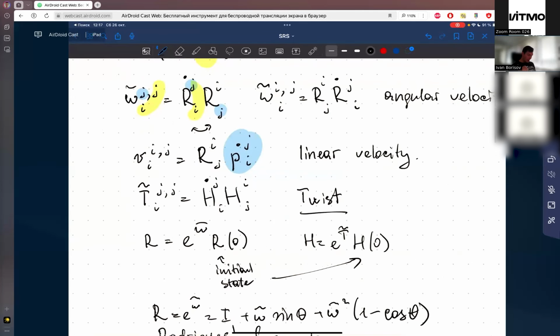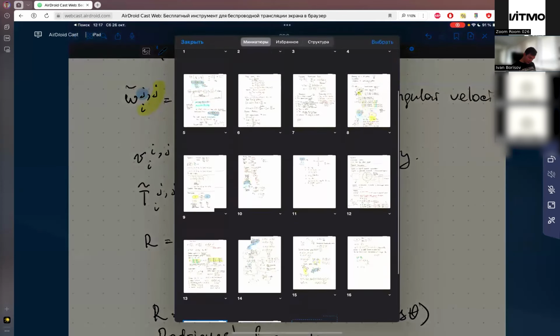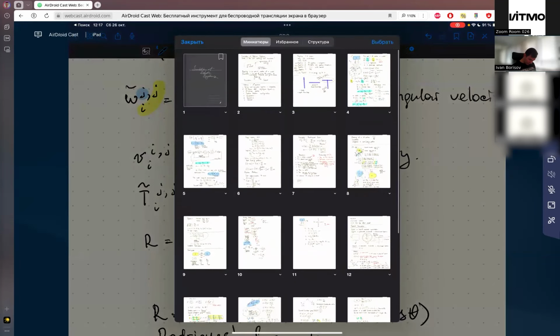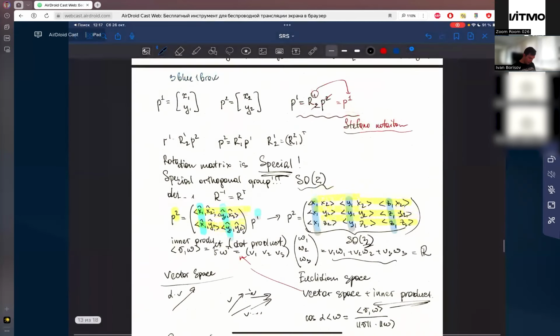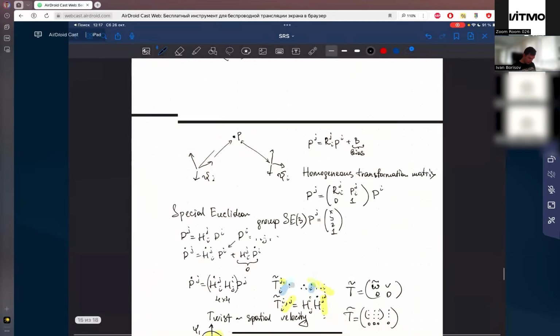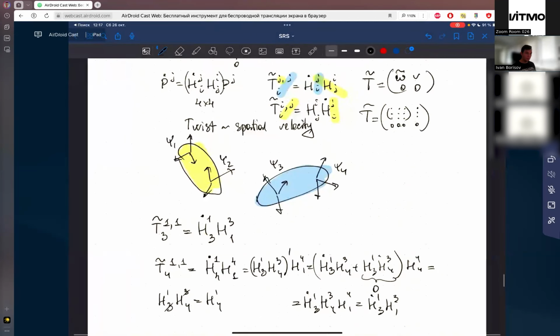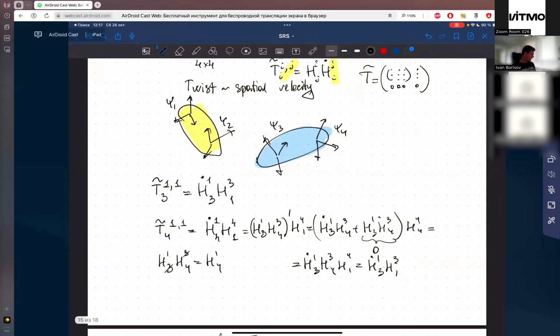Look, we were considering spatial motion, right? So the spatial motion of a body. And we found that there is something which is called twist, right? And the twist does not depend on your coordinate transformation, and it will be the same for each point on the body. Do you remember that?